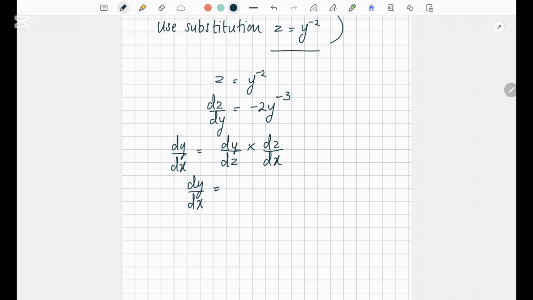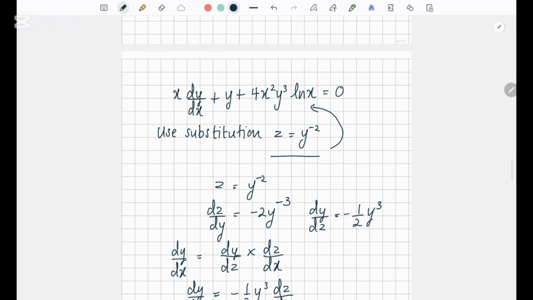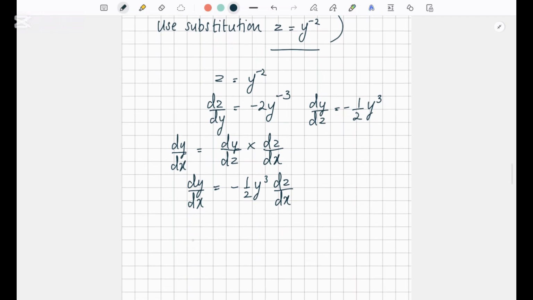So dy over dz equals negative 1 over 2 y to the power 3, right? Okay, so we can write negative 1 over 2 y to the power 3 into dz over dx. Now we could use this as a substitution, right?